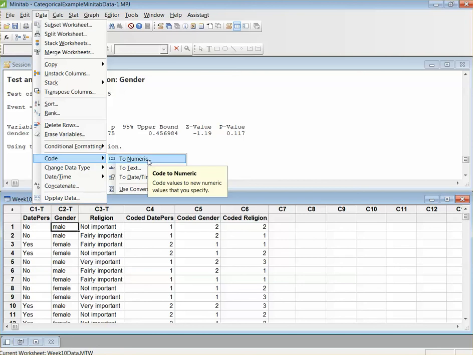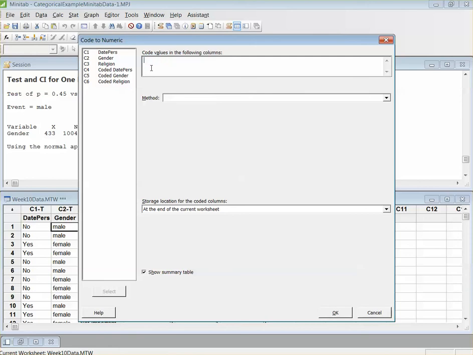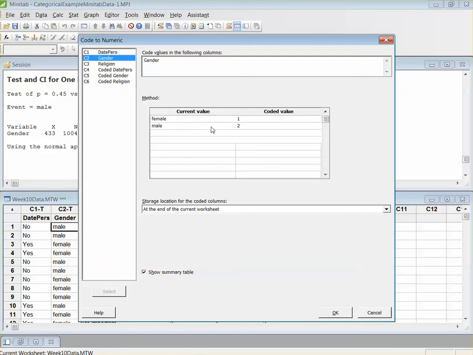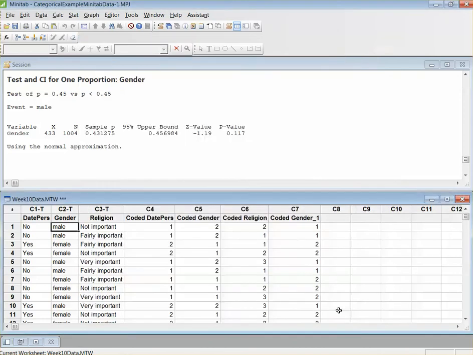Data, Code, To Numeric. We're getting rid of religion. We're going to do gender. All right, so for this one, females 1, males 2. But what we want to do is change this to 2 for female and 1 for male. It's fine to add it at the end of the current worksheet. We don't need a summary table, so click OK. All right, so now we've got 1s are males and 2s are females.